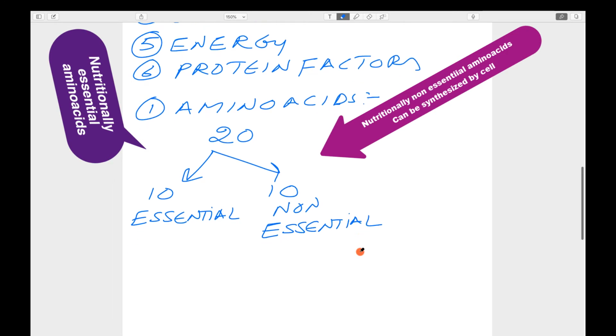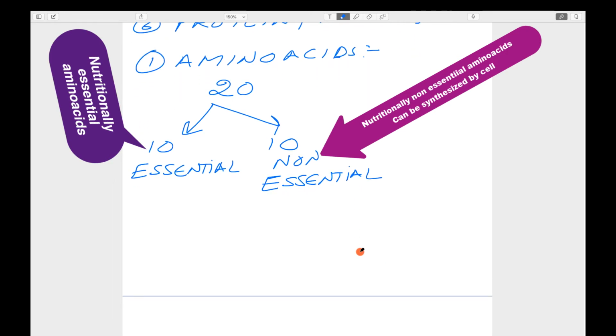What does it mean? One thing we shall not forget is that all the 20 amino acids are required for protein synthesis. Essential and non-essential amino acids means whether dietary supply is required or not. Those amino acids where dietary supply is required are called nutritionally essential amino acids.